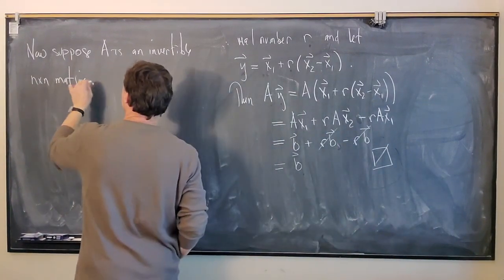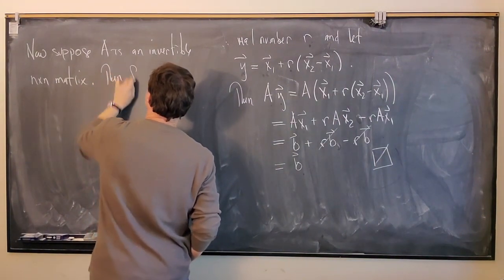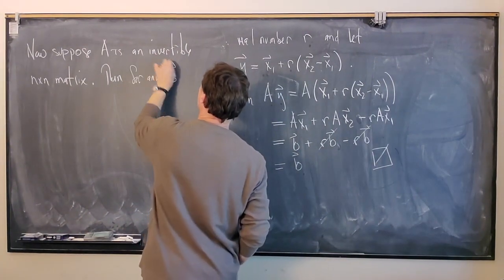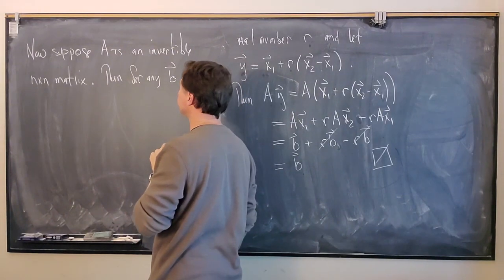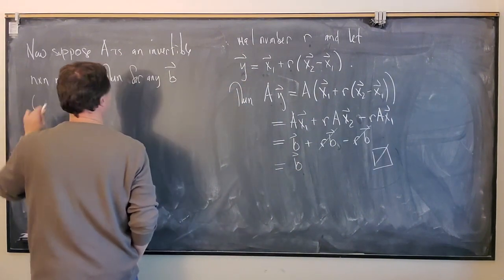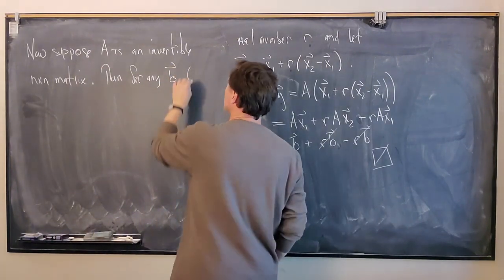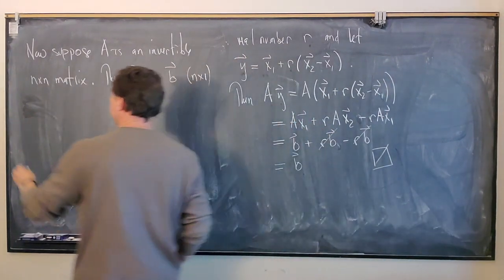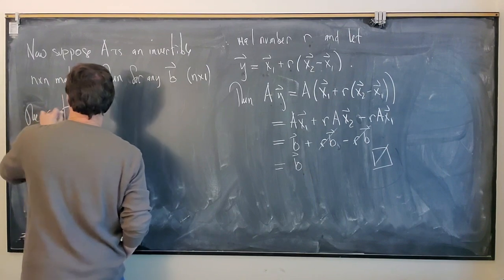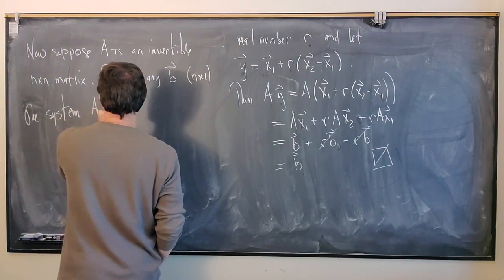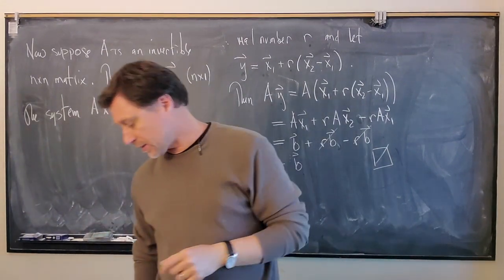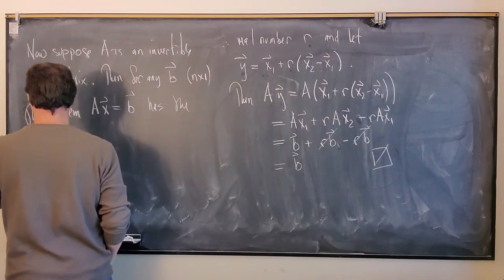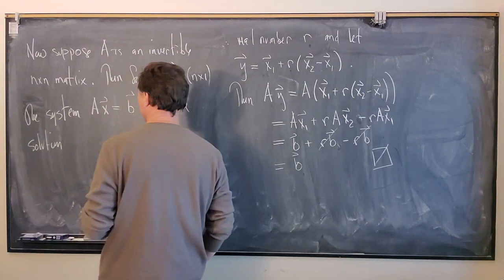Then for any column vector, let's call it B, and I need this column vector to be of the right size here, so I need it to be n by 1, the system AX equals B has a solution, so has the solution. Now, who would the solution be?